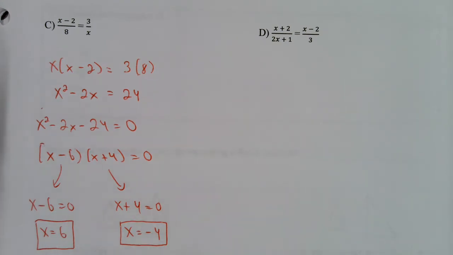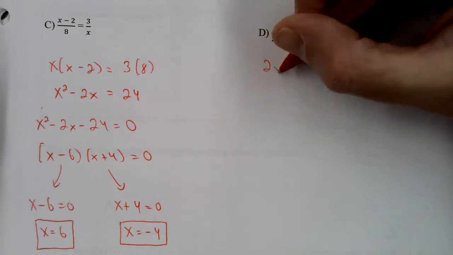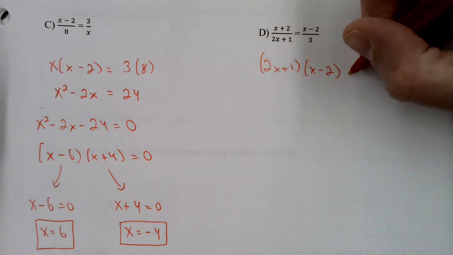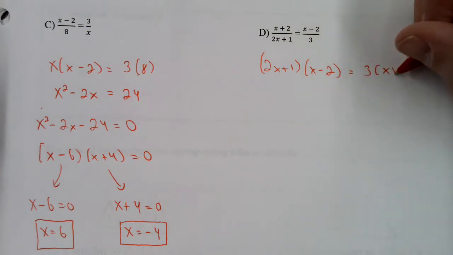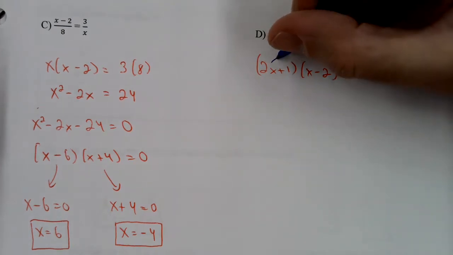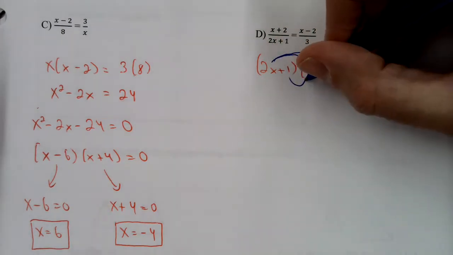Okay, let's try example 2D. Multiply the diagonals. So 2x plus 1 times x minus 2 equals 3 times x plus 2. So on the left, you're going to have to distribute twice. Distribute the 2x and then distribute the 1.